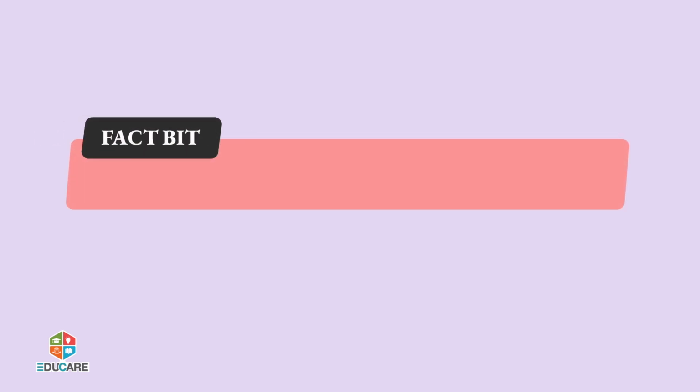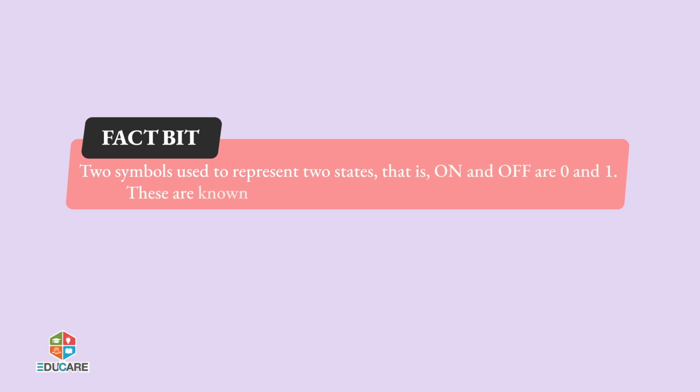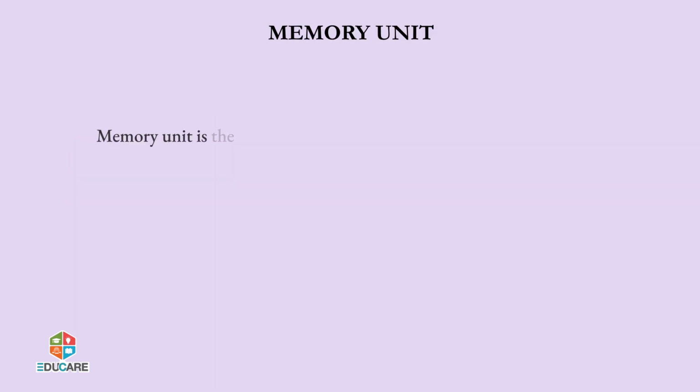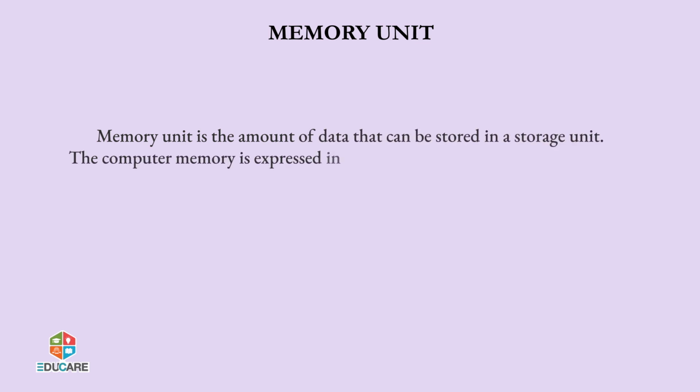Fact bit. Two symbols used to represent two states, that is on and off, are 0 and 1. These are known as bits, an abbreviation for binary digits. Memory unit is the amount of data that can be stored in a storage unit. The computer memory is expressed in bits.